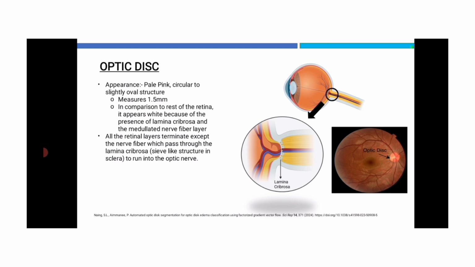Compared to the rest of the retina, the optic disc looks whiter due to the presence of lamina cribrosa, which is a specialized sieve-like structure in the sclera, and the medullated nerve fiber layer. All the retinal fibers terminate at the optic disc, except for the nerve fibers which pass through the lamina cribrosa and continue as the optic nerve. This is where visual information leaves the eye and travels to the brain for processing.